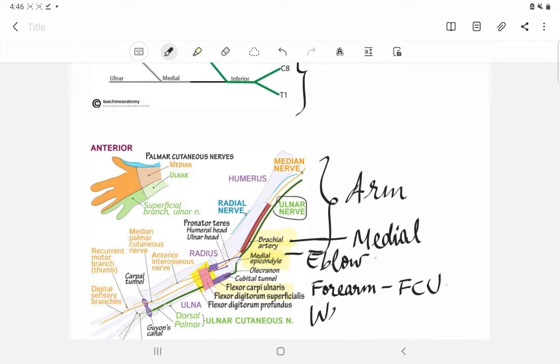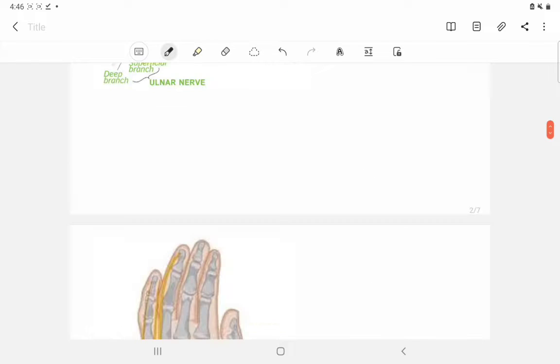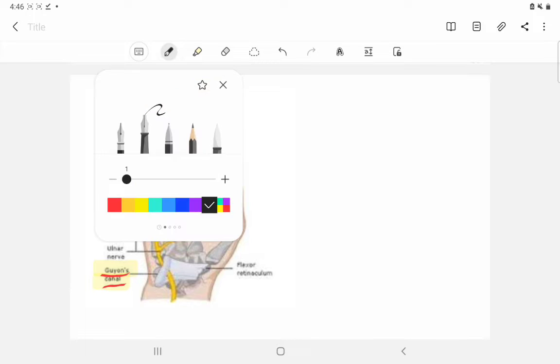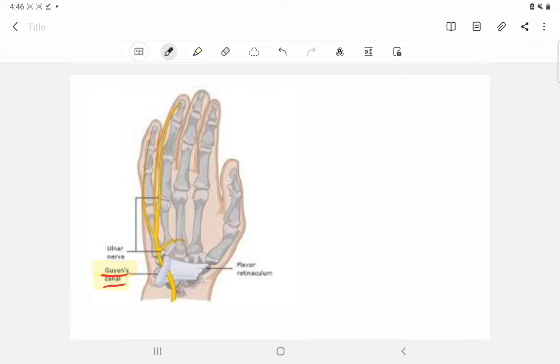Now we come to the wrist. In the wrist, it passes through the Guyon's canal, which is the most important relation of the ulnar nerve in the wrist. Guyon's canal is a fibro-osseous canal, which is present between the pisiform bone and the hook of the hamate. As you can see here, this is the Guyon's canal.